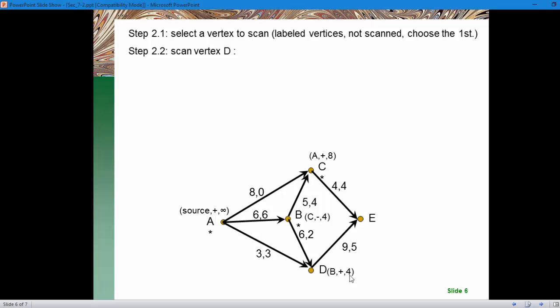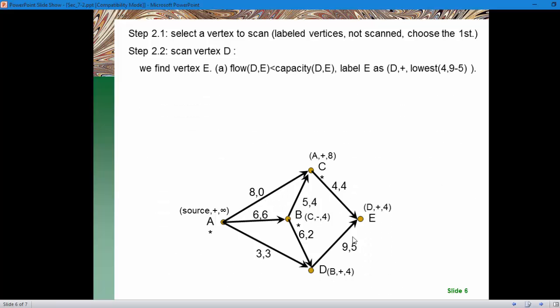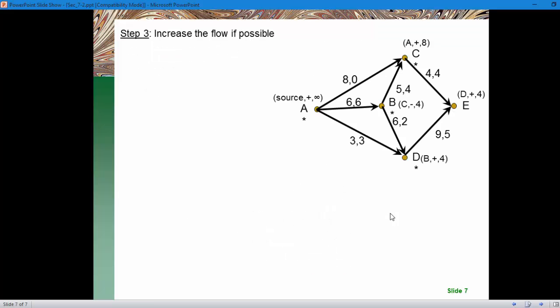But at D, we only have 4 units, so we should be able to increase all those 4 units along this edge. And we label vertex E with D, plus, and 4. So we mark D as scanned. And since we arrived at E, now we should be able to do step number 3.